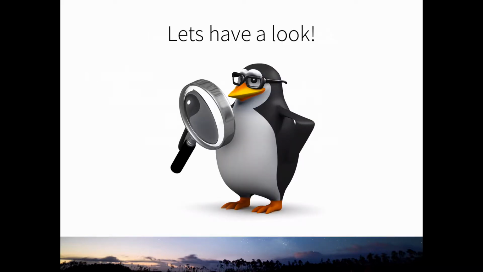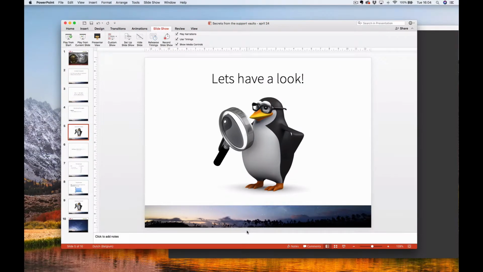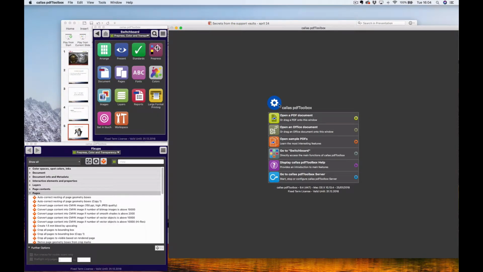So we can go straight to a demonstration. There's not much to show in a presentation here. Okay, so in pdfToolbox, the first place you'll find the rotate pages is in the switchboard underneath pages. You have rotate.